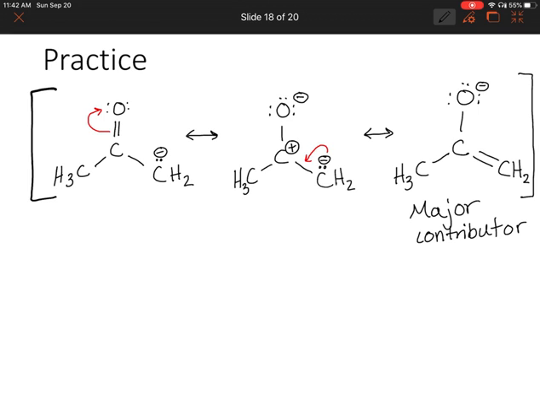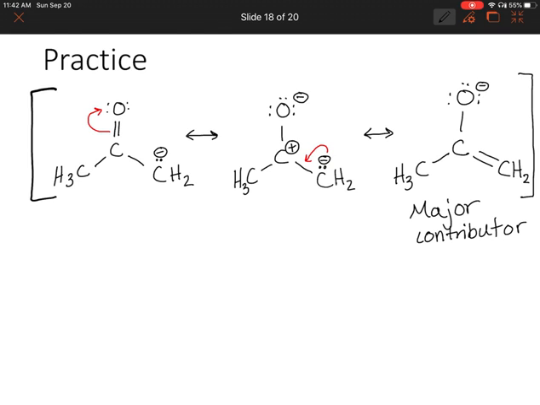All right, so now we have to decide between the other two structures, which one will contribute more than the other. Neither of those two structures is great. We already said that carbon would rather be neutral than have a negative charge.